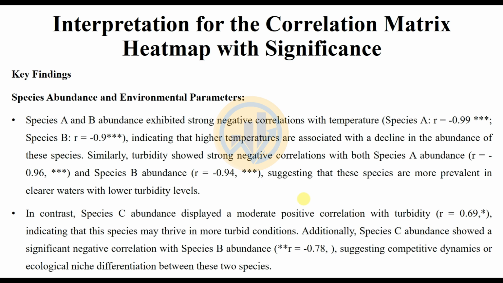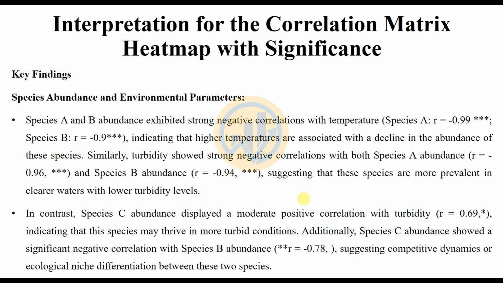Similarly, turbidity shows a strong negative correlation with both species A abundance and species B abundance. The value for species A is minus 0.96 and species B minus 0.94, suggesting that those species are more prevalent in clear water with lower turbidity levels.